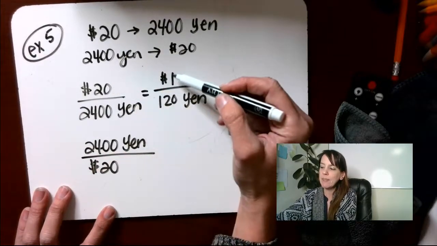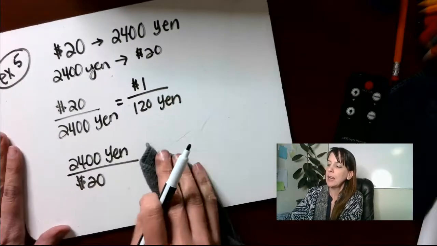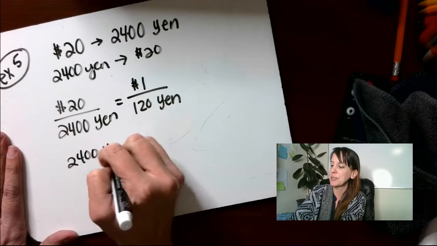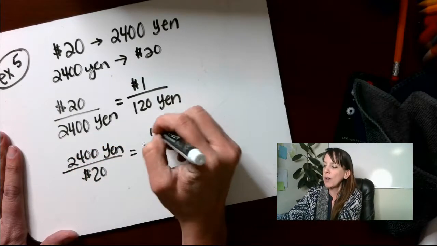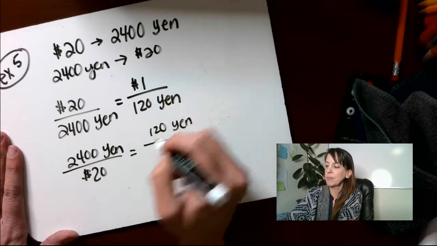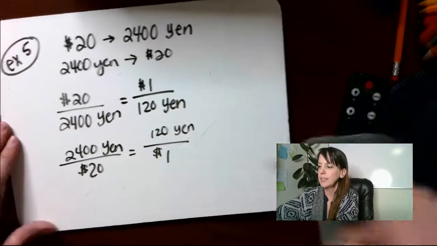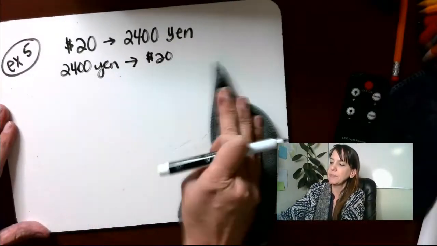So really, when I have the one should be on the bottom. So I actually wrote this wrong. If I rewrite it, it would be 2,400 yen over 20 equals 120 yen over $1. Now, do you see how the one is on the bottom? Okay. So with that said, I need to clear this off anyway.